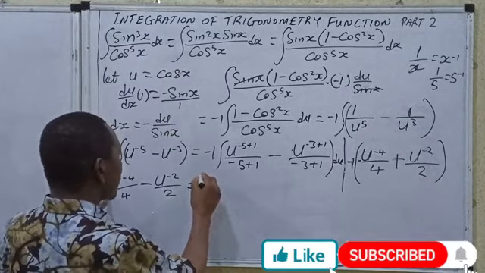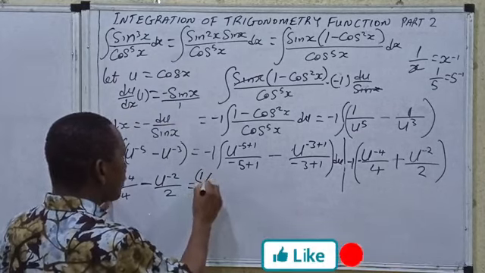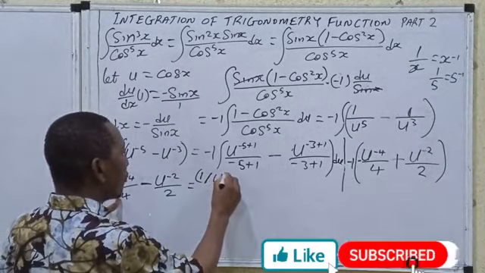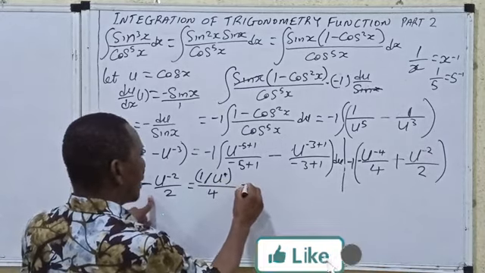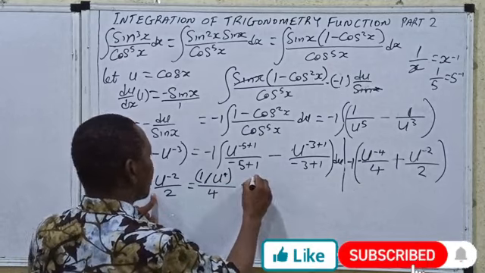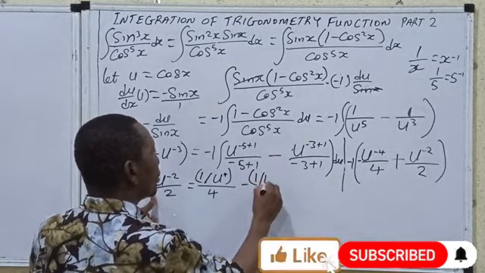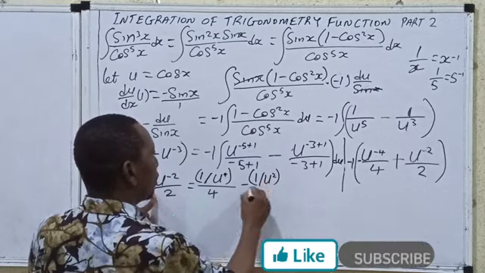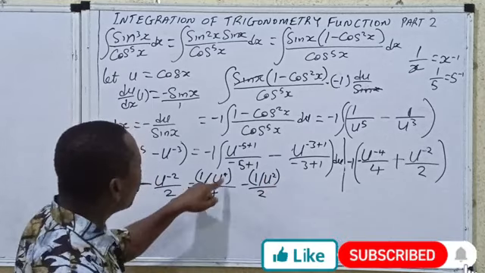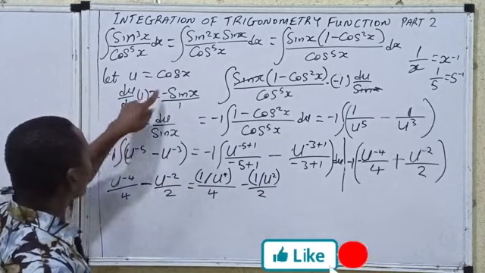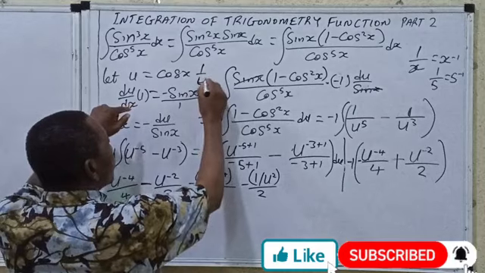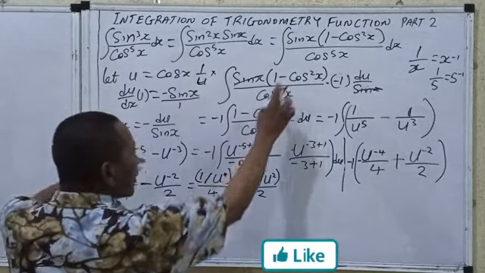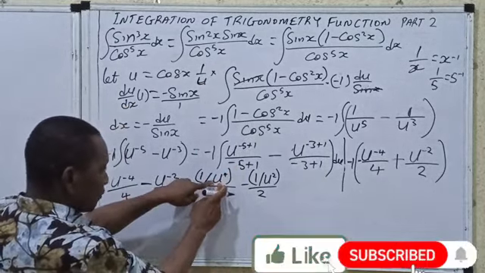Now, this is the same thing as 1 over u raised to the power of 4 all over 4, minus 1 all over u raised to the power of 2 all over 2. Note that this u is actually cos x. And 1 all over u times 1 all over u into 4 places is what we have here.